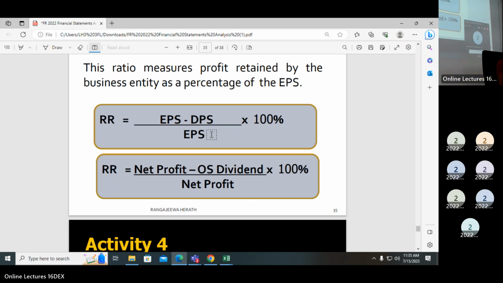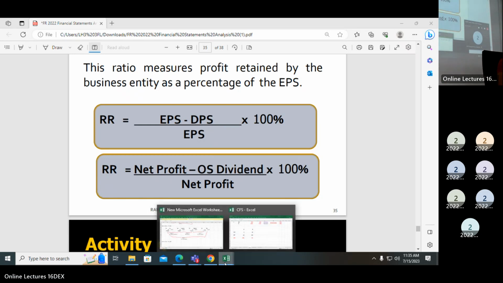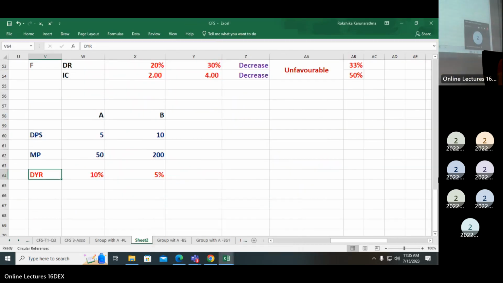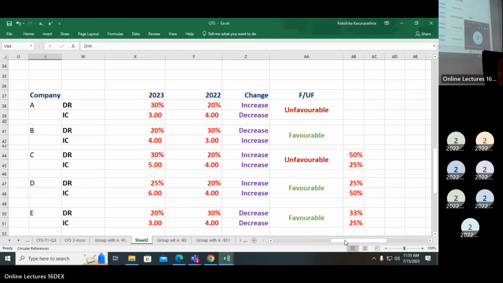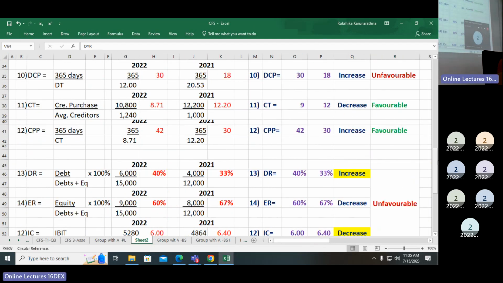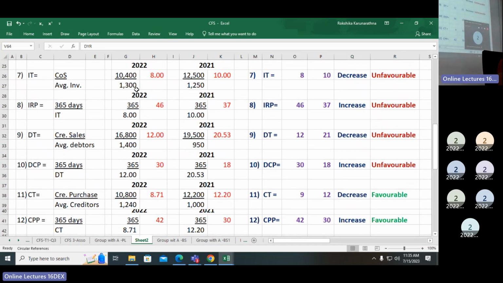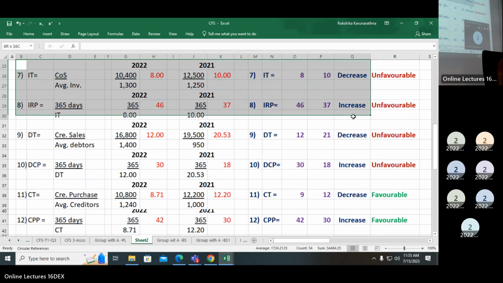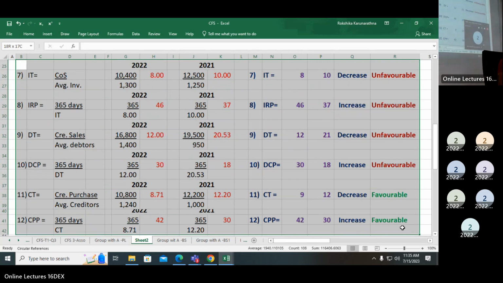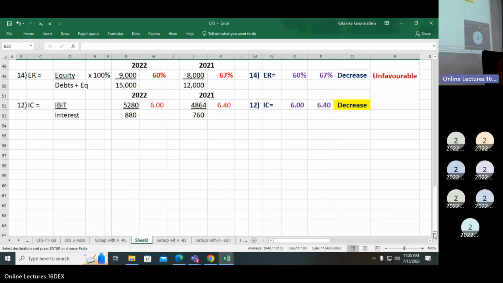Right? So we have 6 ratios. We'll take those 6 ratios. Here we have 6 ratios.